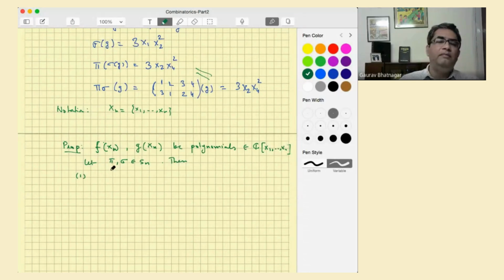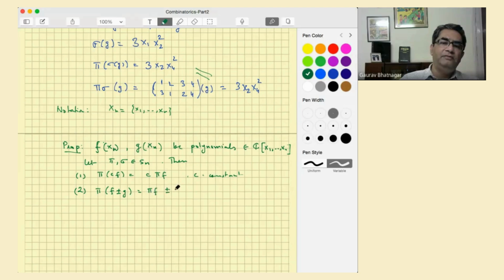pi of a constant times f is the constant times pi of f, where c is a constant. Pi of f plus or minus g will be pi of f plus or minus pi of g.